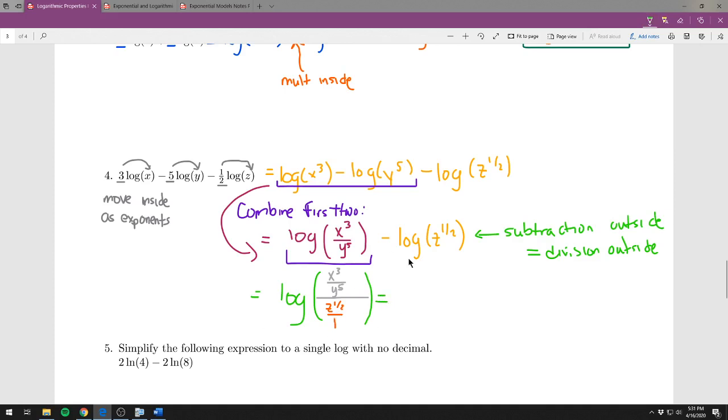Now, for those of you that have done a lot with this, the thing you do to simplify this into one fraction is you switch the division to multiplication of the reciprocal. Keep, change, flip is what some people know it as.